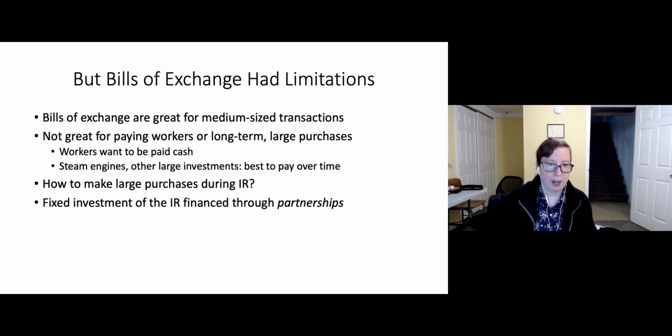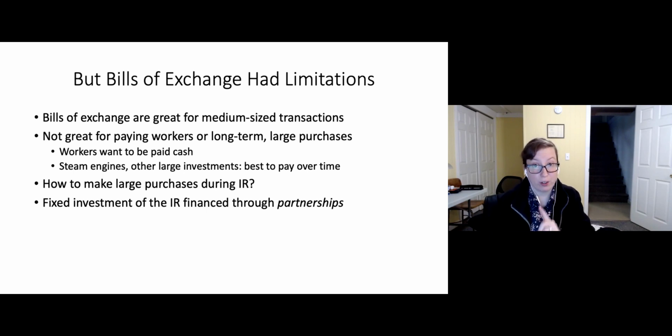This all sounds great, but I do want to stress, however, that bills of exchange had their set of limitations. Bills of exchange are perfect for the kinds of medium-sized and medium-term transactions that I've described here thus far. They are not so good for paying for workers who want cash immediately or for long-term large purchases.